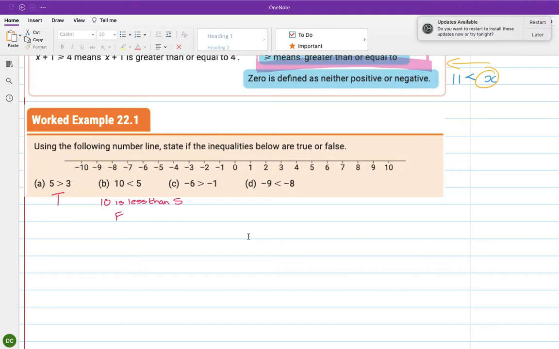Negative numbers can be confusing because obviously the 6 makes it feel like it's bigger, but because it's a -6, a -6 is here, a -1 is here. So the -6 is smaller than the -1. So that one's false. And -9 is less than -8. That one's true.